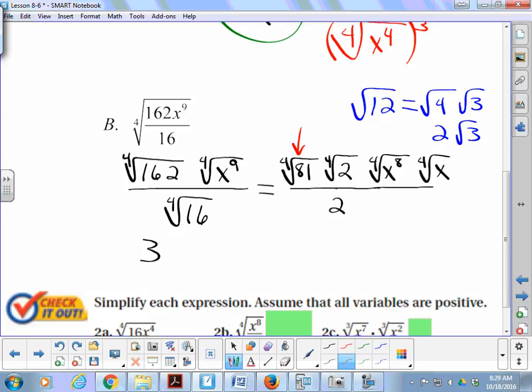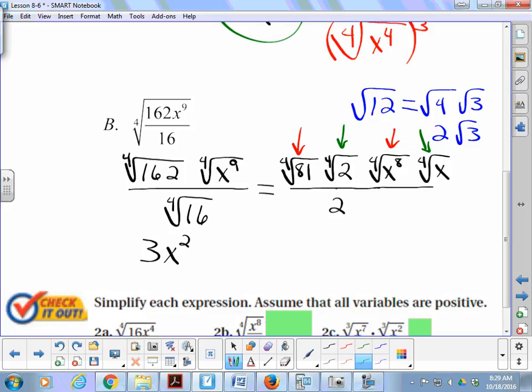Okay. What is this one here then? What's the fourth root of x to the 8th? 8 divided by 4 is 2, so that's x squared. So we get 3x squared. Those two parts I can simplify. All right? I can't simplify these two, so I'm going to put them back together.